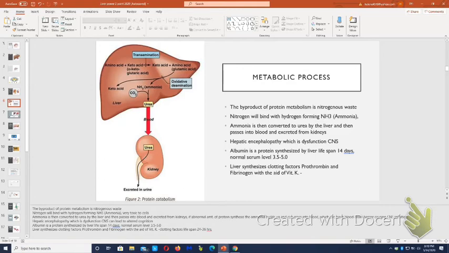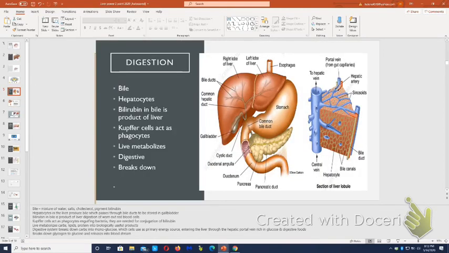Kupffer cells are a type of fixed macrophage, so we already discussed that as well. Now, the production of bile is a substance used in the emulsification of large fat molecules into smaller particles to aid in the digestion of lipids.